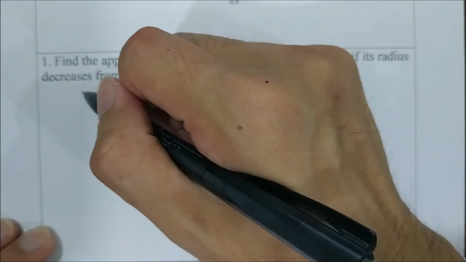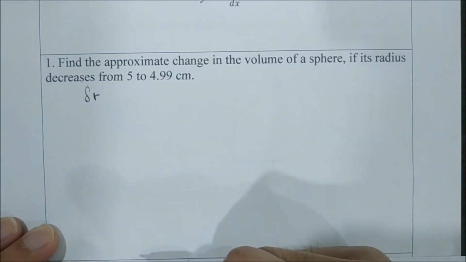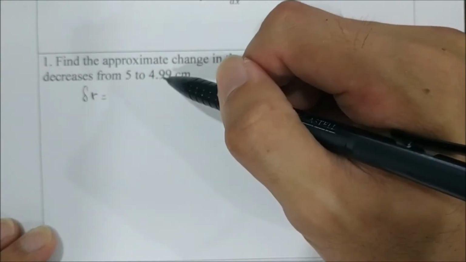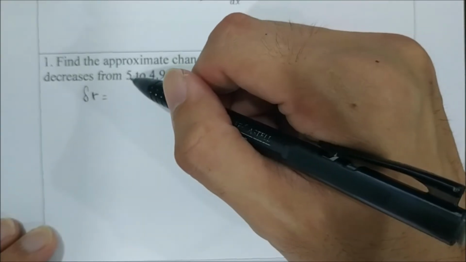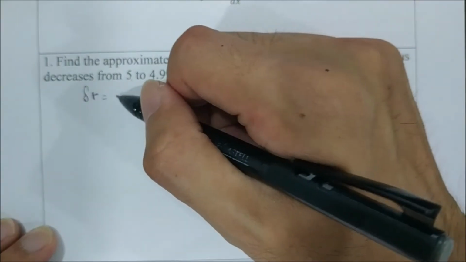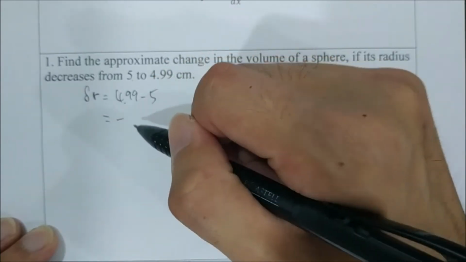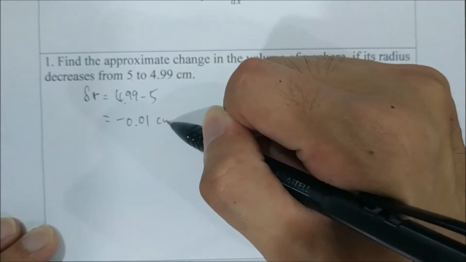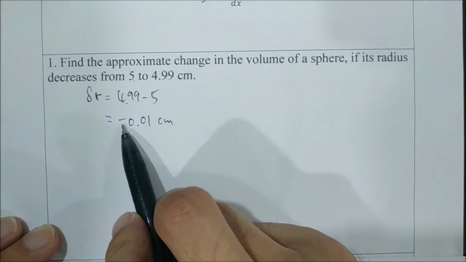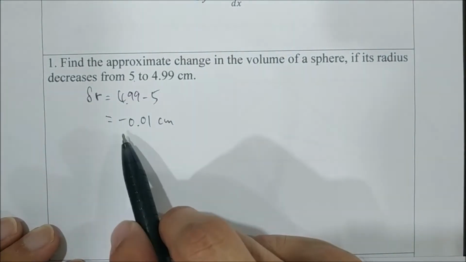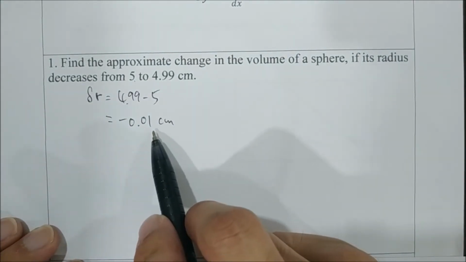Since there are changes, we write delta r. And what are the changes? We always take the later value minus the previous value, which is 4.99 minus 5, and you get negative 0.01 centimeter. Negative here means that the radius decreases by 0.01.